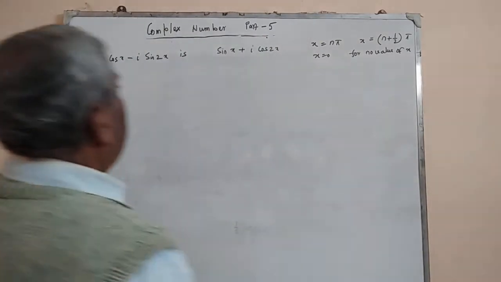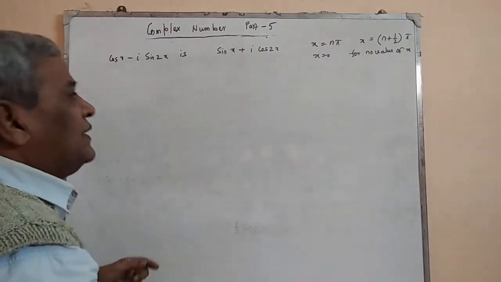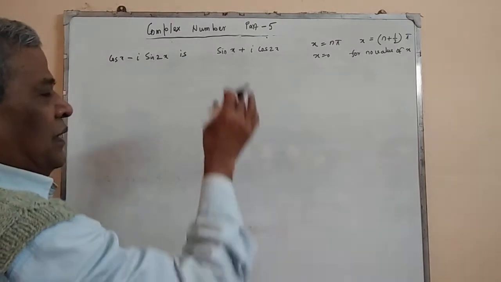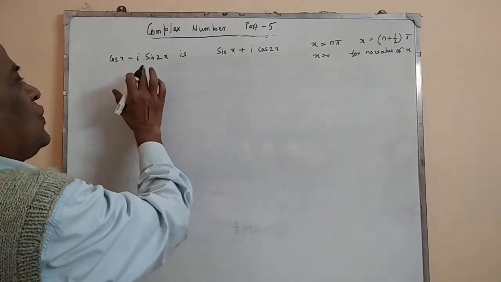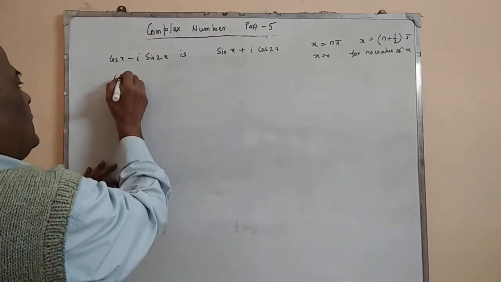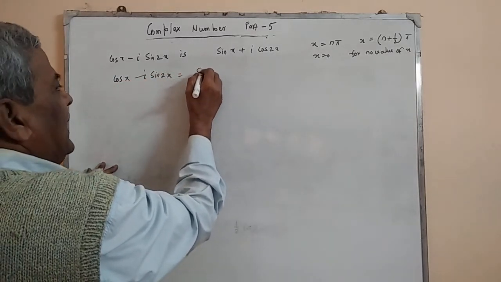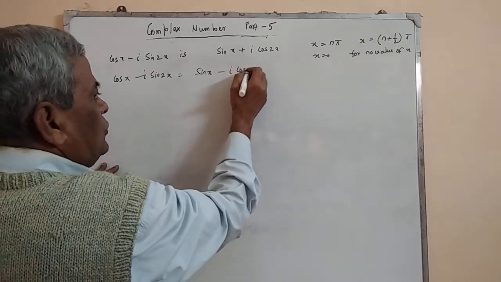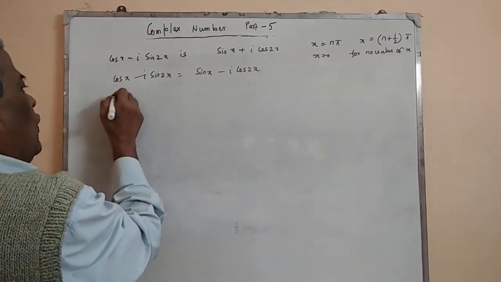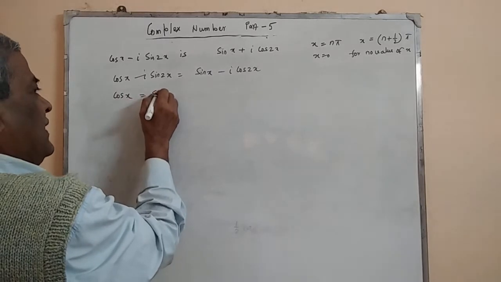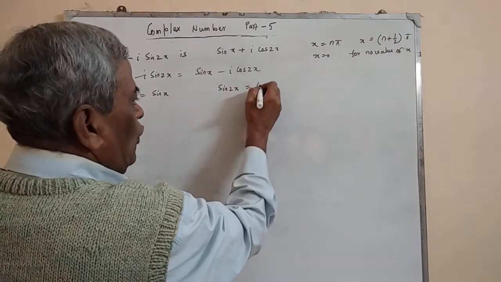The actual problem is, this complex number and that complex number are conjugate to each other. Then the value of x is such and such. Because this is the conjugate of that, cos x minus i sin 2x is equal to sin x minus i cos 2x. Comparing real and imaginary parts, cos x is equal to sin x and sin 2x is equal to cos 2x.